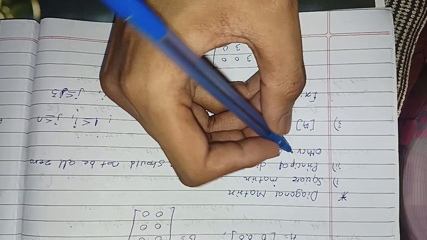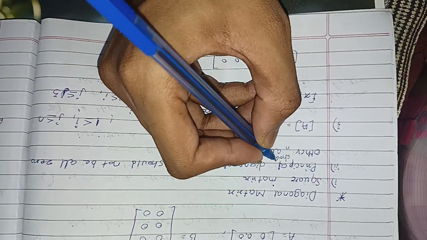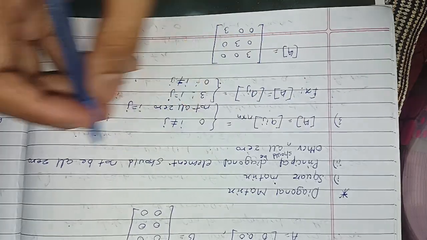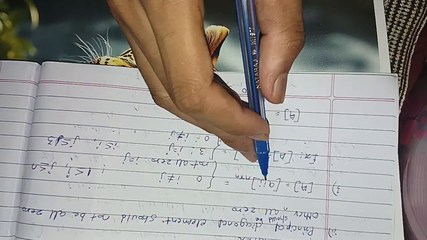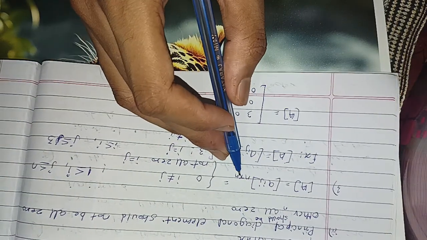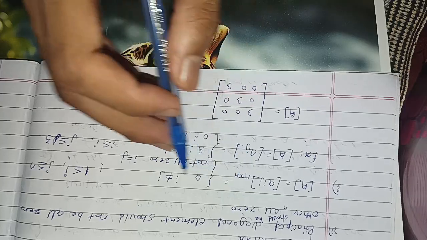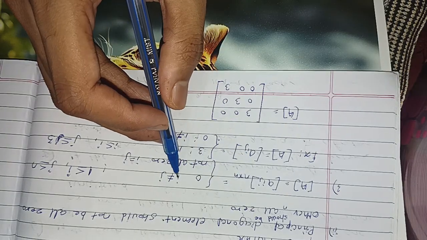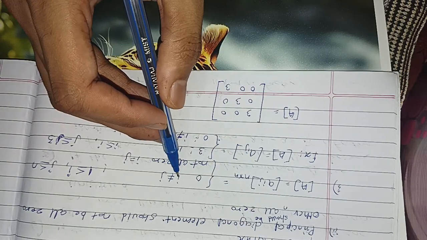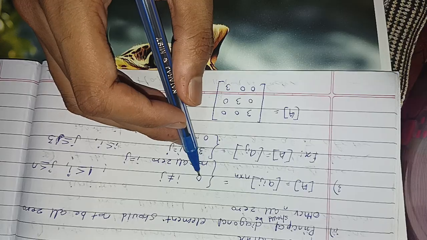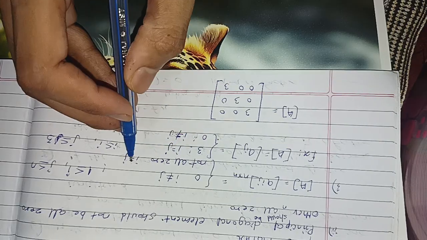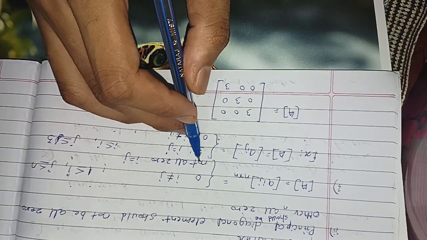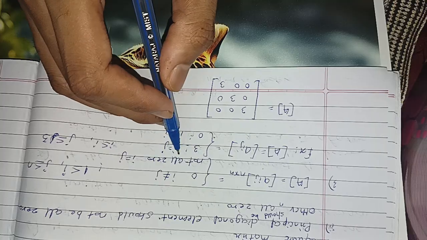Other elements should be all zero. That is A is equal to Aij, n into n, because it is a square matrix. If i is not equal to j, then it will be 0. If i is equal to j, then they should not be all 0.